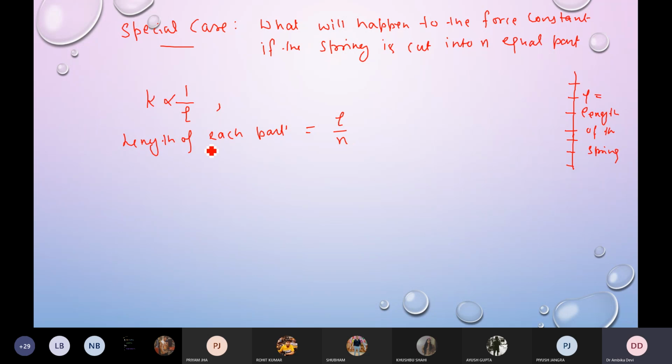L upon n. So we need to find out the spring constant of each part.